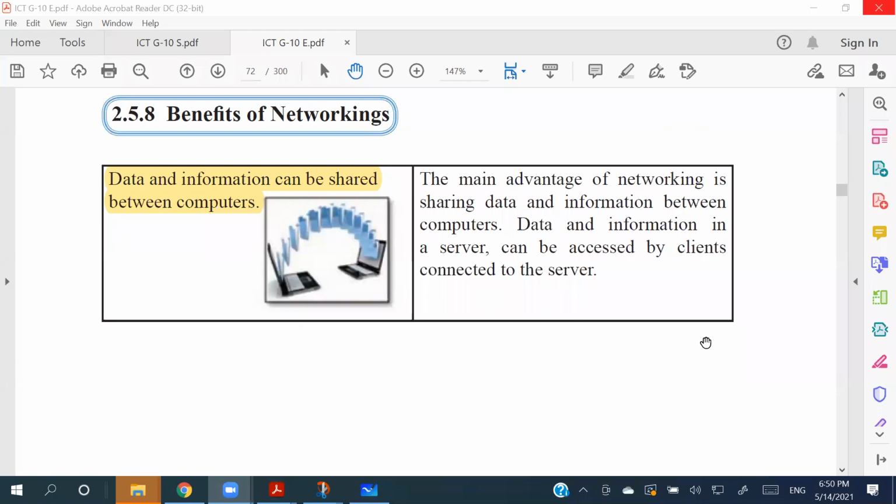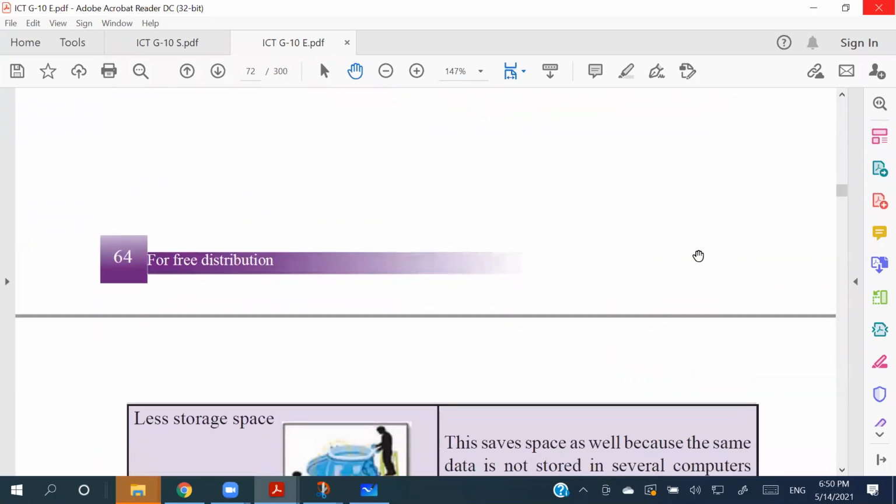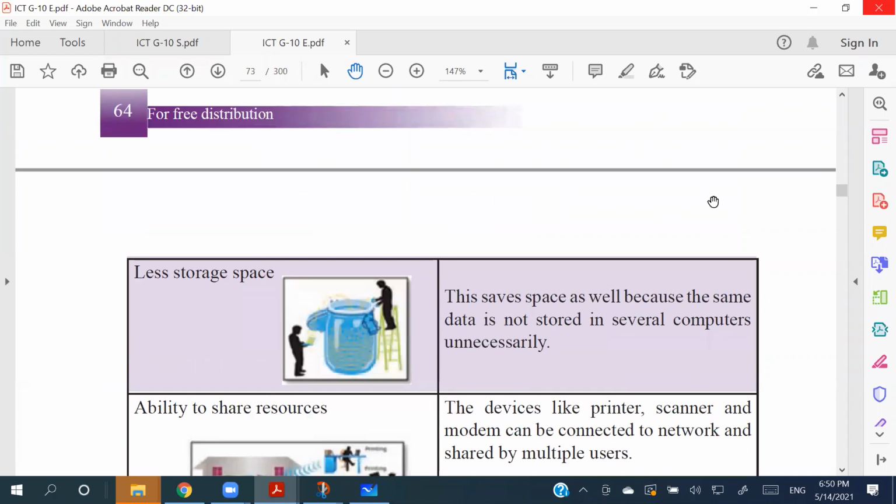All right. So the second point, let's do it like this. Second point, less storage space, and put a hyphen, and please write this particular line as well as the explanation of it.